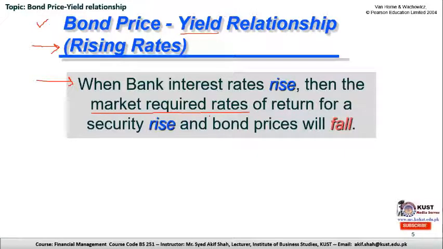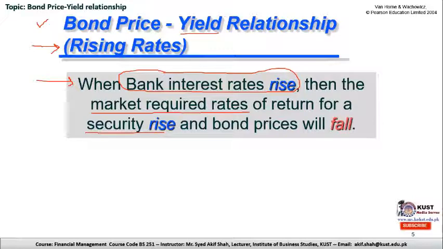Like in order for the investors to invest their precious money into bonds or common stock, when the bank interest rate rises, definitely the other investment opportunities will have to perform in a similar fashion. Otherwise, most of the investors will directly invest their money into bank deposits and can earn a secure interest rate.